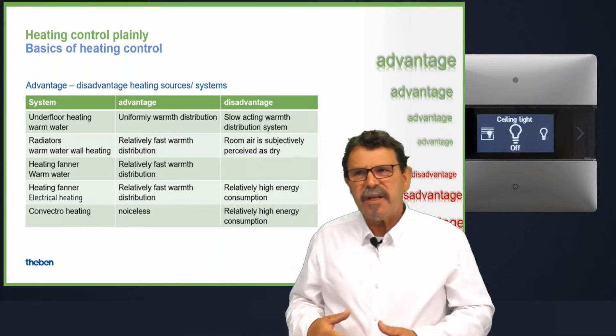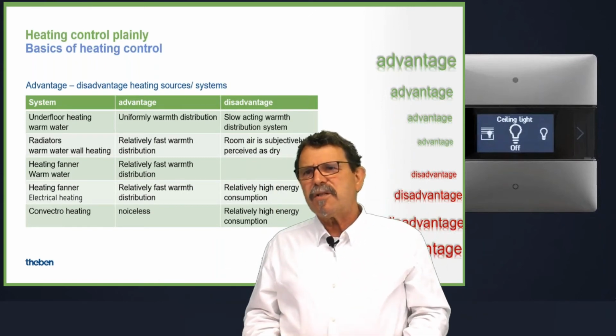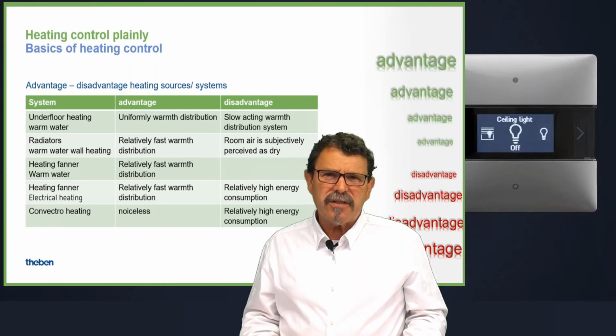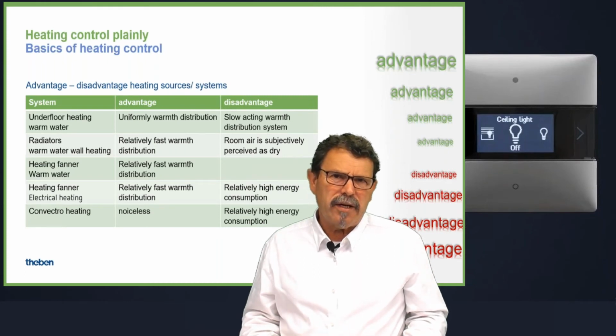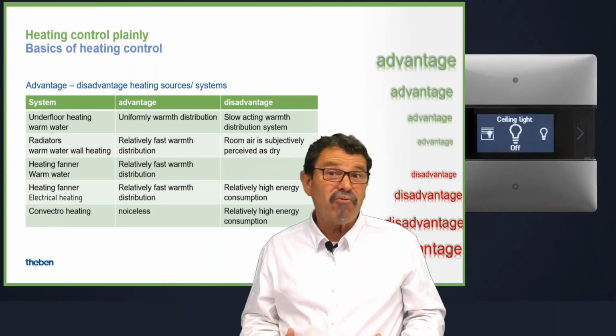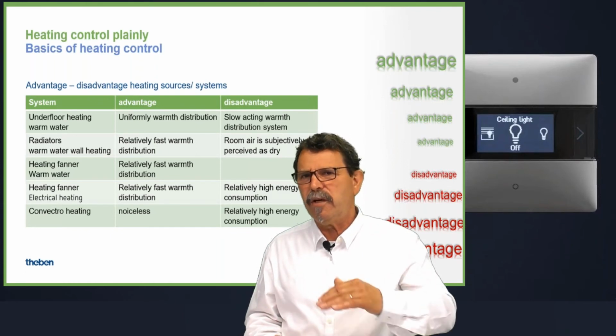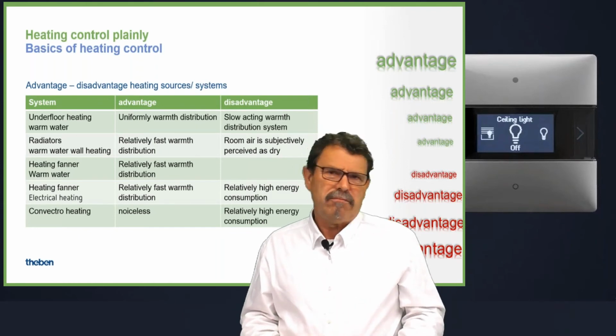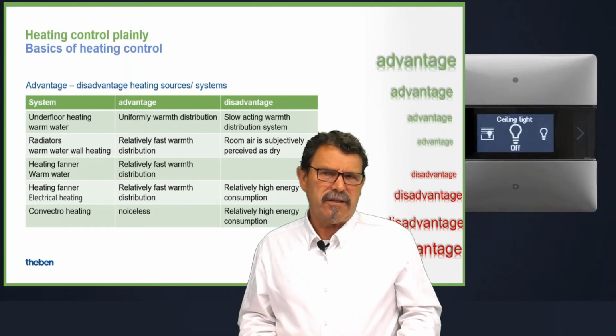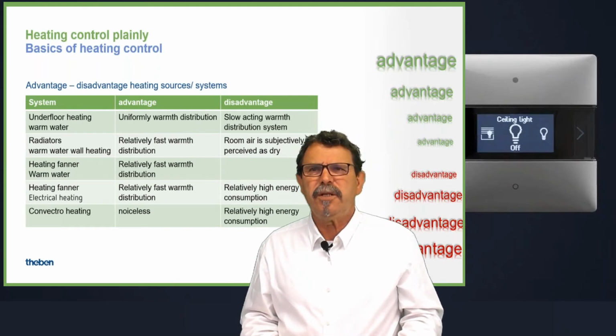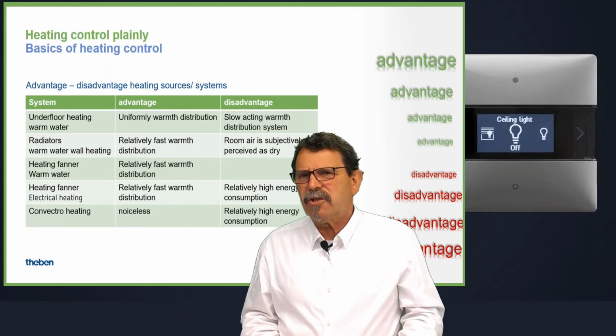When it comes to heating fanners, where do you find them? Heating fanners you get in stocking areas, big warehouses, and so on. They are rather fast: huge systems blowing warm air into the room. This is basically an advantage. Disadvantages, I do not have many of them.